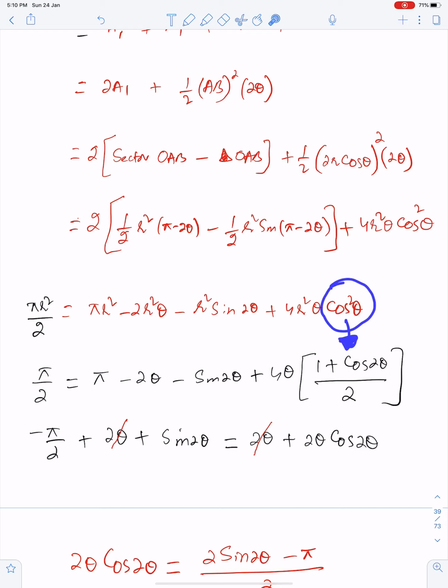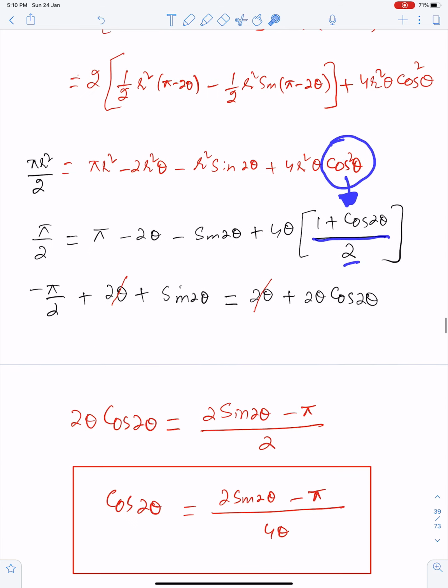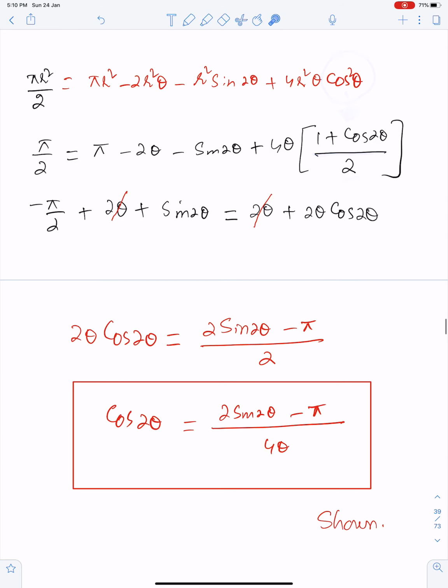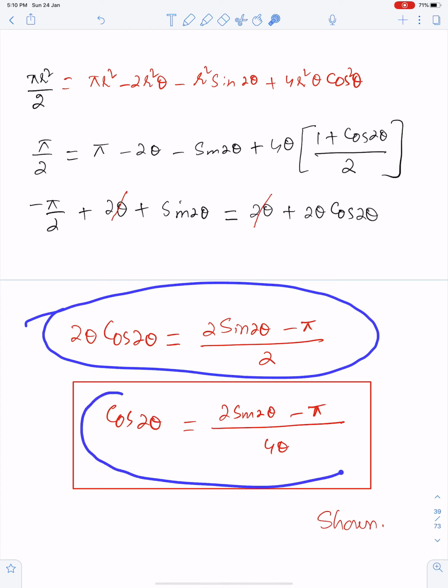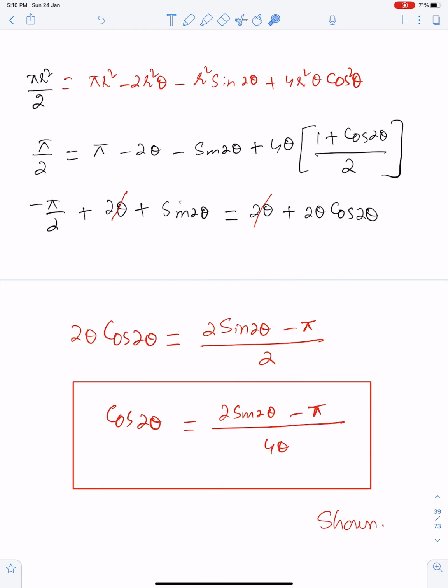And the double angle formula of cos square theta is 1 plus cos 2 theta upon 2. So by making cos 2 theta subject in this, from this equation we have this thing, and finally this thing. This is the way to prove this equation.